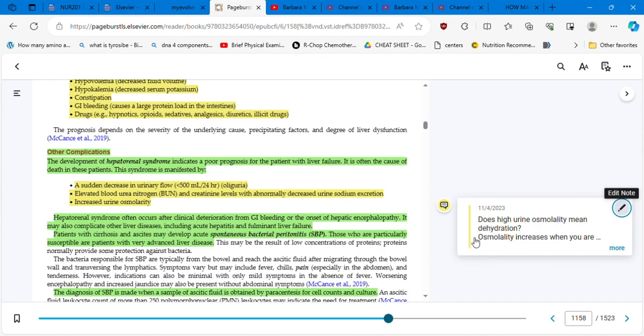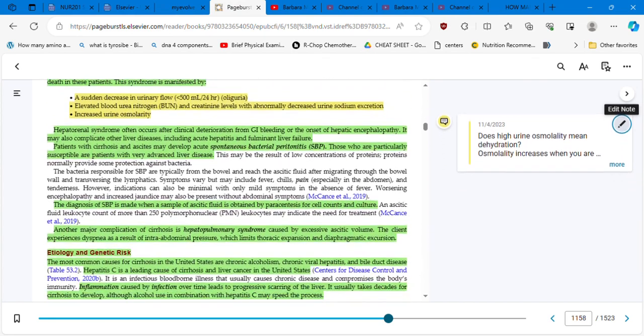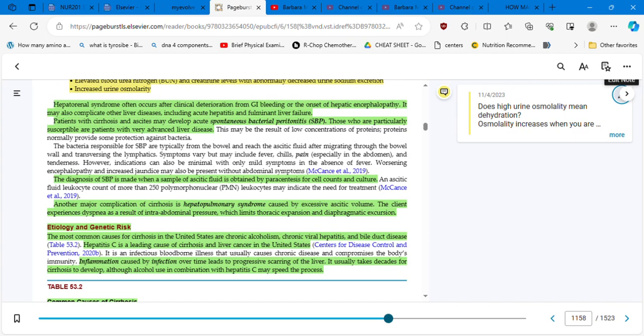Hepatorenal syndrome often occurs after clinical deterioration from GI bleeding or the onset of hepatic encephalopathy. It may also complicate other liver diseases, including acute hepatitis and fulminant liver failure. Patients with cirrhosis and ascites may develop acute spontaneous bacterial peritonitis.